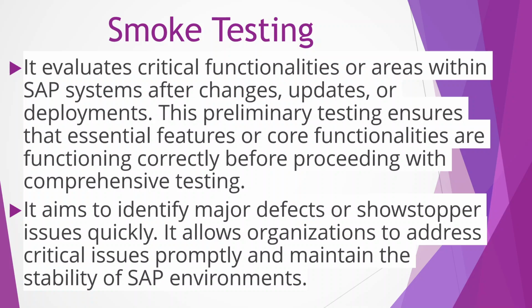It aims to identify major defects or showstopper issues quickly. By doing the smoke testing, you can identify the major defects or any showstopper issues very quickly. It also allows organizations to address critical issues promptly and maintain the stability of the SAP environments.